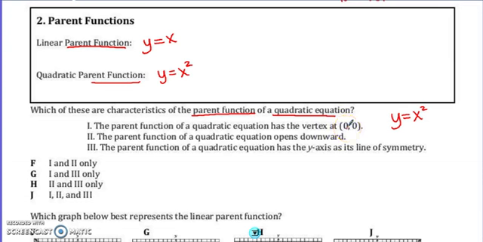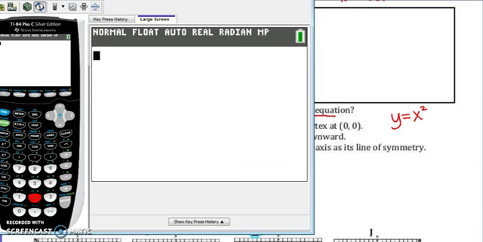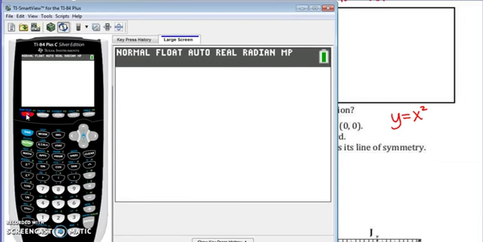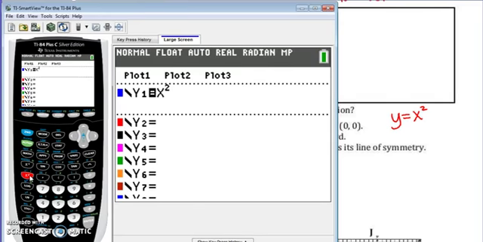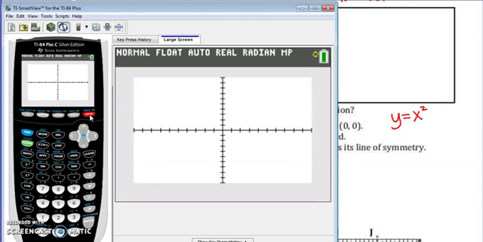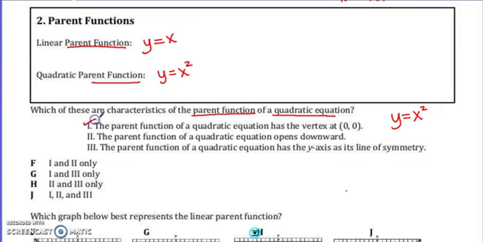It's an equation we can put in the calculator, right? So let's go to, let me move my calculator so you can see it. There we go. We go to y equals, and we type in x squared, and we graph it. And it says it has a vertex at 0, 0. Is the vertex there at 0, 0? Yeah, looks like it. So that one is correct. The parent function does have a vertex at 0, 0.